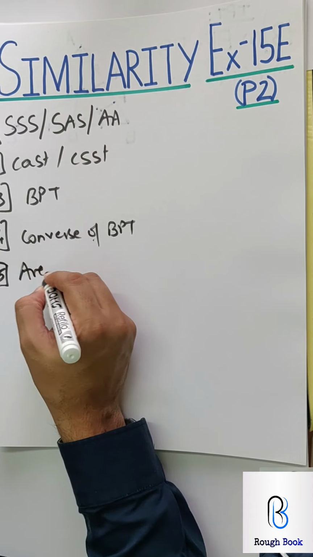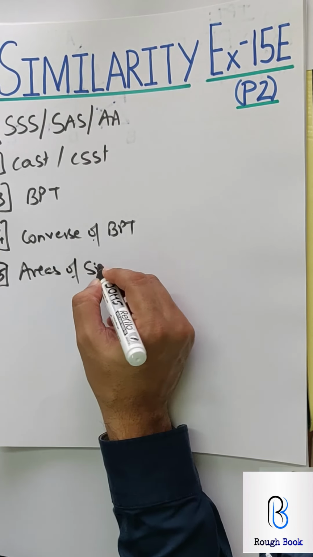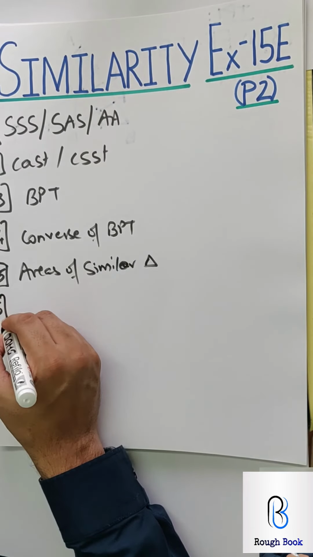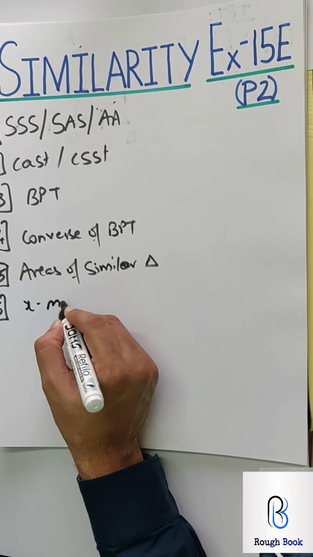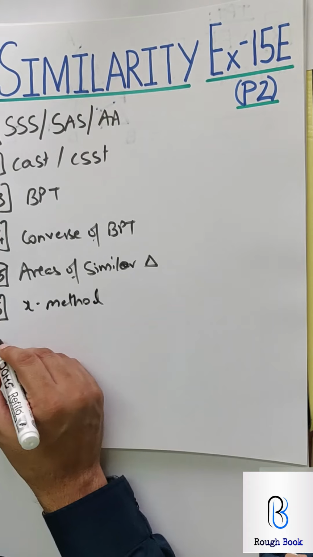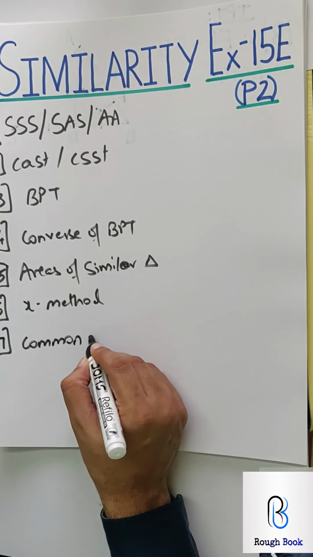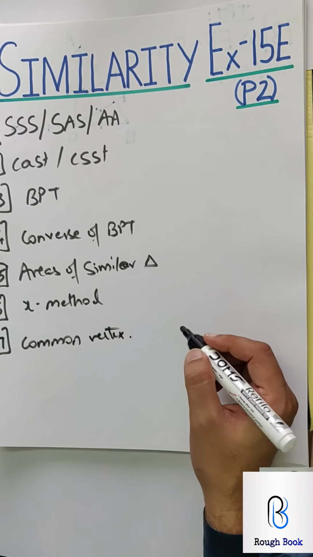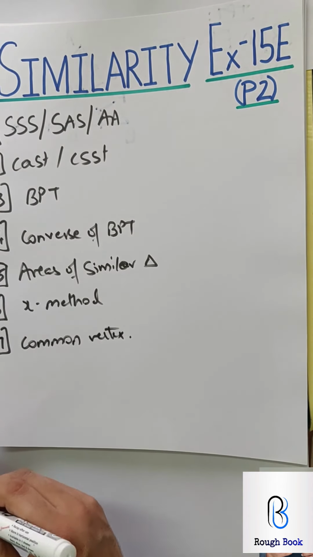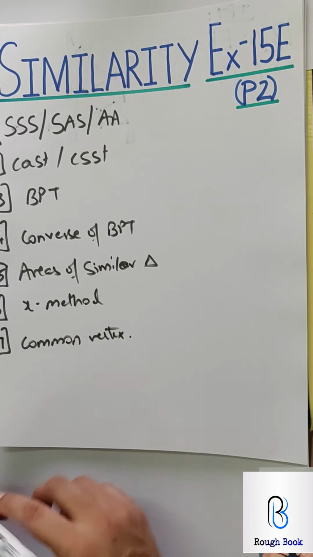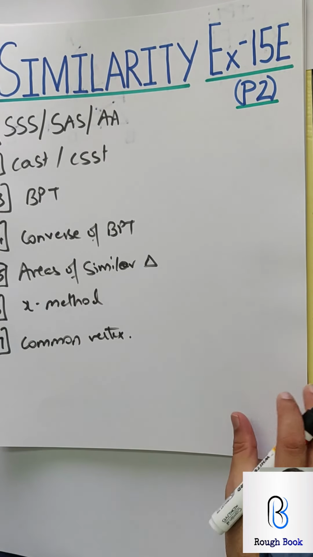Areas of similar triangles and X method, if you remember. Last one, common vertex. I explained all of these in the last video, so I'm not wasting your time again by explaining this, but I hope you know all of these by now, right? So we are going to use all this in this part of the exercise.